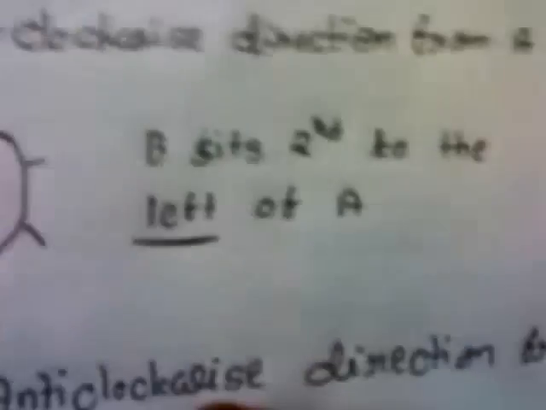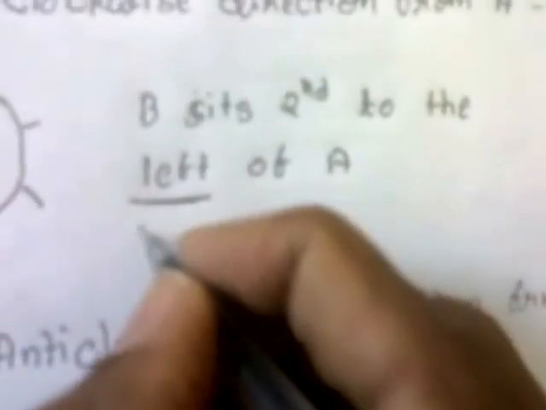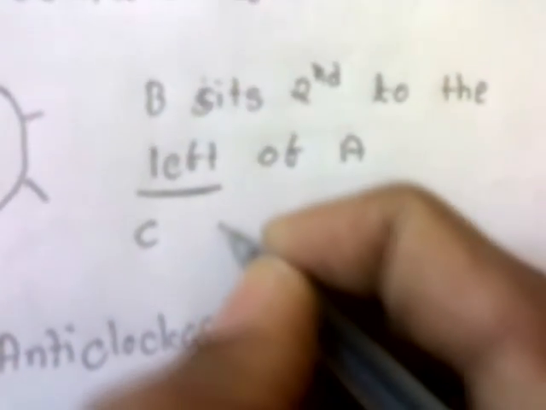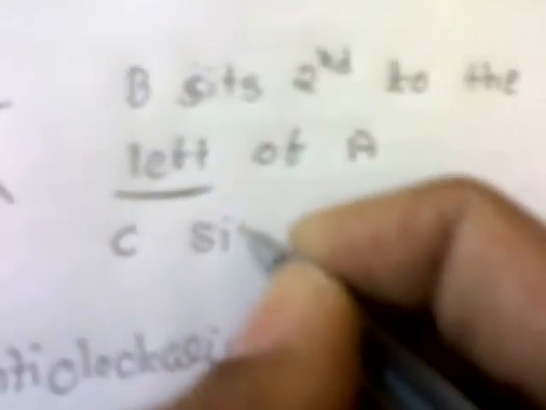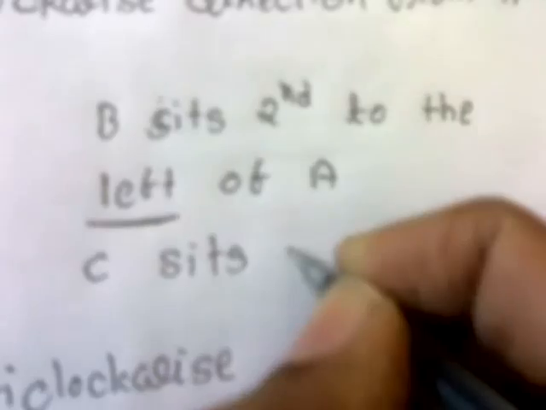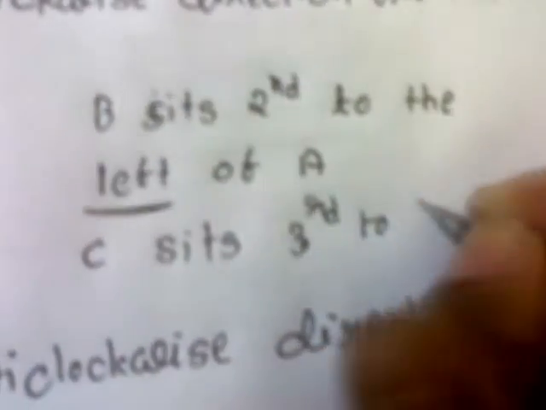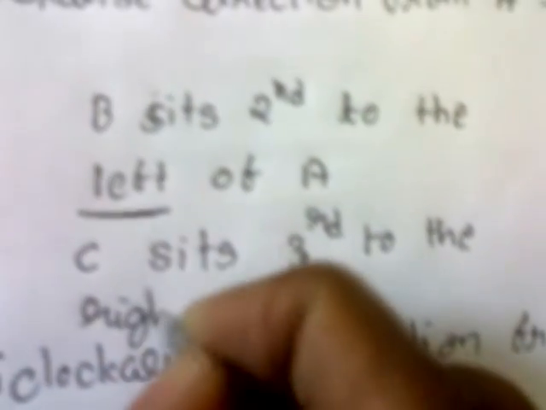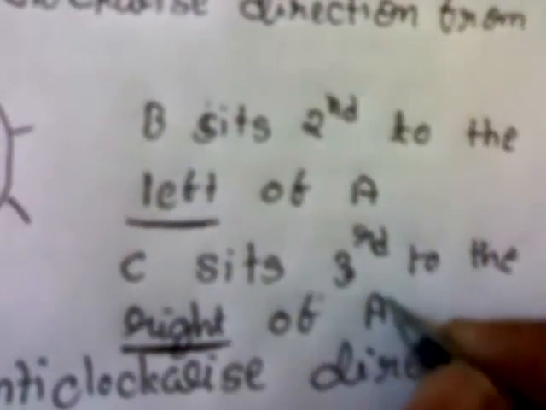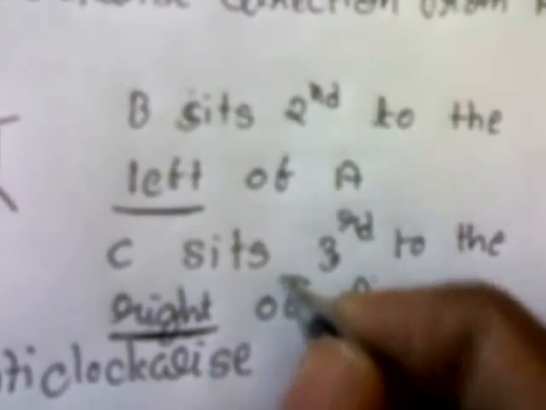Let's take the same example here. Say C sits third to the right of A. Here the word comes right, and we have to put the letter which is followed by of.